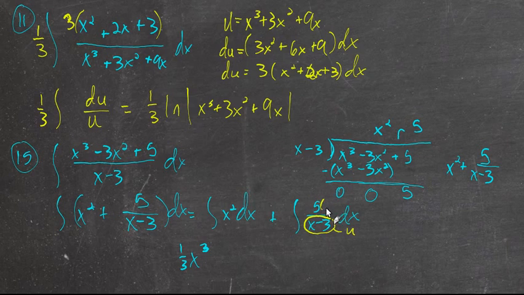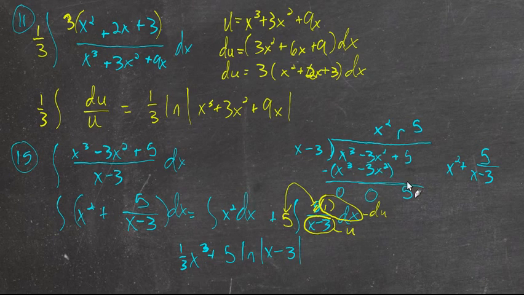So if we put that, then that 1 dx would be du. And we'll just move this 5 out in front. Right? Take that constant multiple out. So we get plus 5. And now we have du over u, which uses the log rule. That's the natural log of u, which is x minus 3.